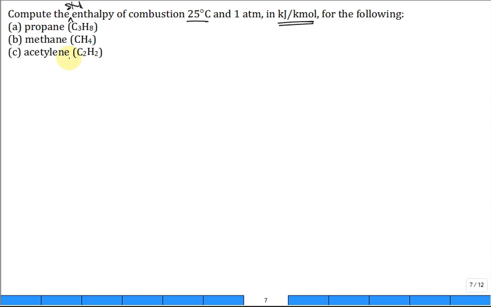You have to have an idea of how it reacts, because remember the equation, the enthalpy going from reactants to products on a molar basis, the standard enthalpy of combustion is equal to the sum over the products, the coefficient times the enthalpy of formation for each of those products, minus the sum of reactant stoichiometric coefficient times enthalpy of formation.